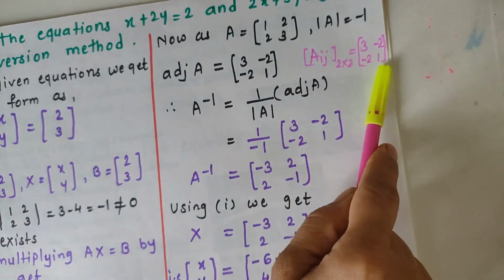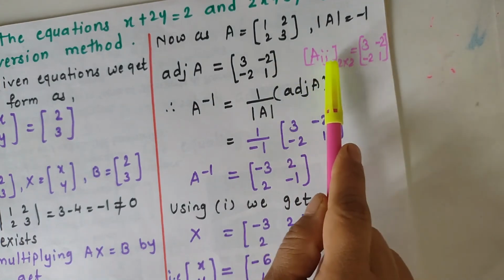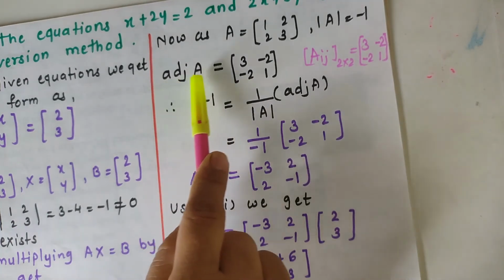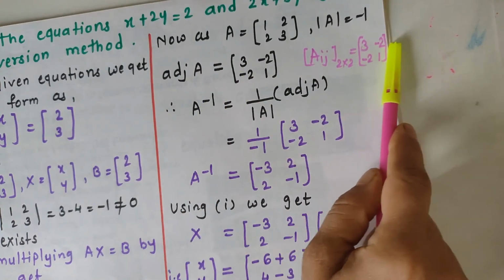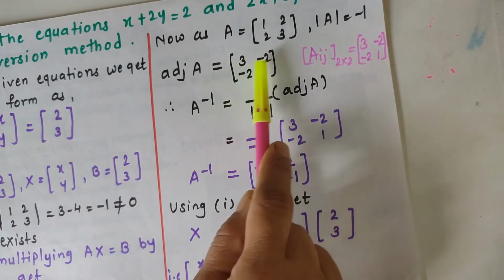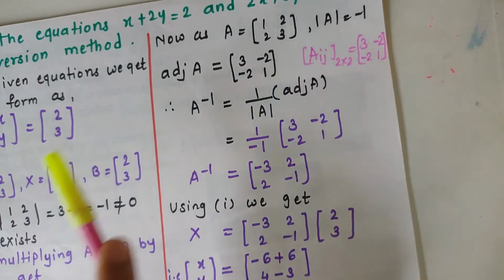element is 1. Now the transpose of this cofactor matrix is the adjoint of A, and the transpose of this matrix is the same as the cofactor matrix: 3, minus 2, minus 2, 1.